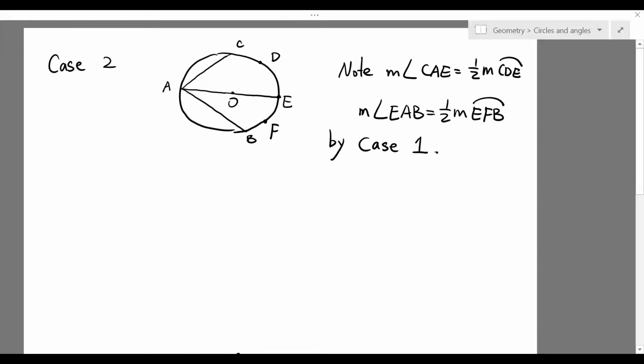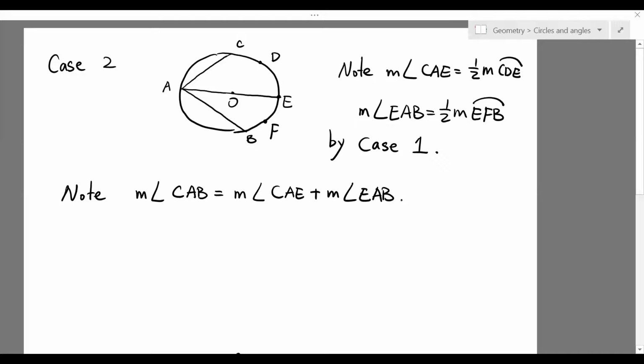On the other hand, point O is in the interior of the angle CAB. Therefore, from a postulate of the SMSG system, the measure of CAB is the sum of the measure of CAE and the measure of angle EAB.